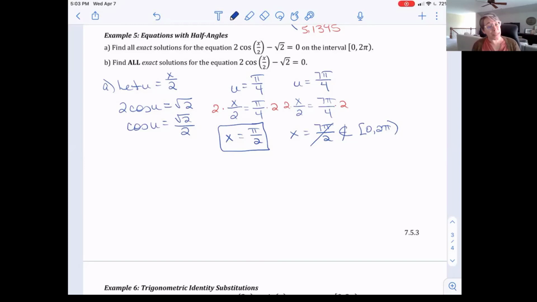Now, in part B, it can be a little tricky because in part B, we're looking for all exact solutions. Two things. First of all, what's the period of that function? The period of that function is 2 pi divided by the b value. Remember, the b is what's being multiplied by our x.